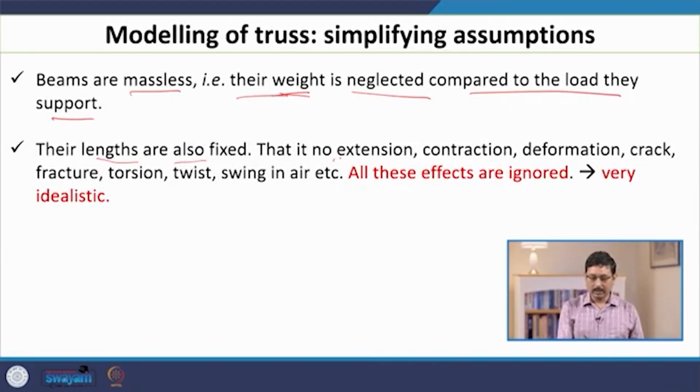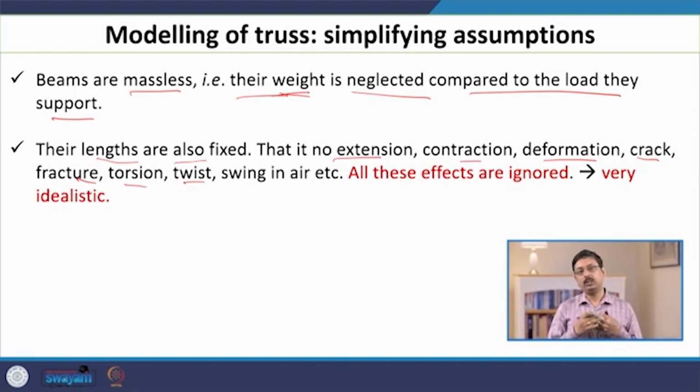So, there is no extension, no contraction, no deformation or crack or fracture, or some sort of torsion or bending or twist, swing in air, etc.